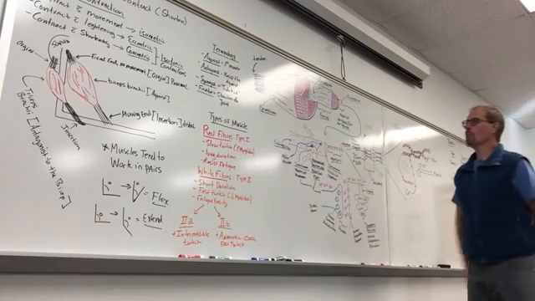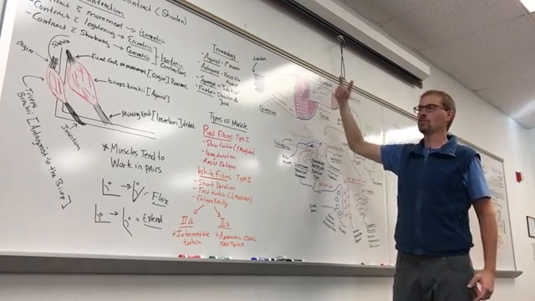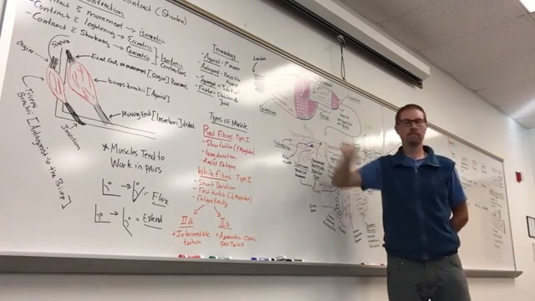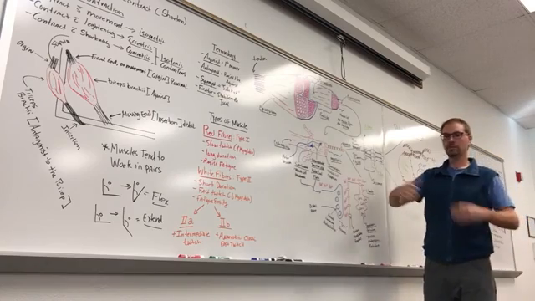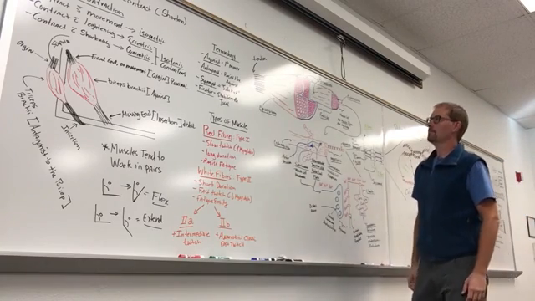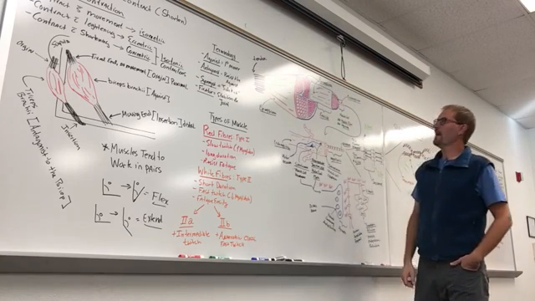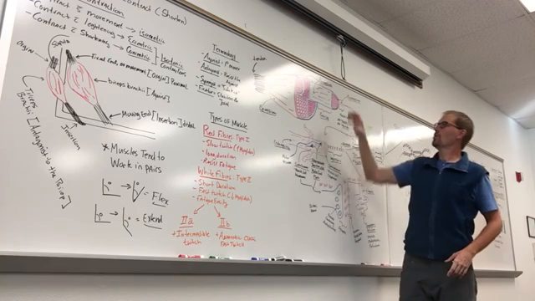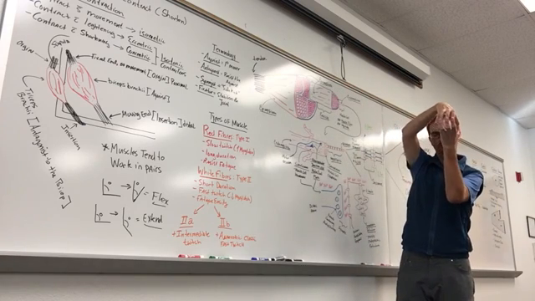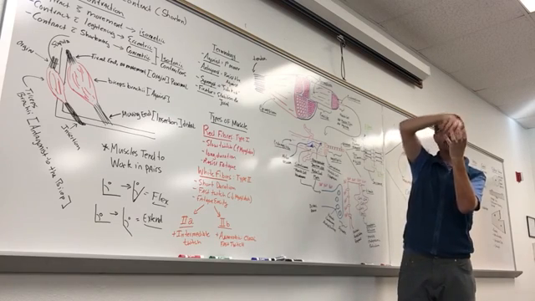And the outermost layer of connective tissue is what we call the epimysium. The epimysium is the outermost layer of connective tissue. You cut through that, and you see these large bundles, and within them there are other little tubes.